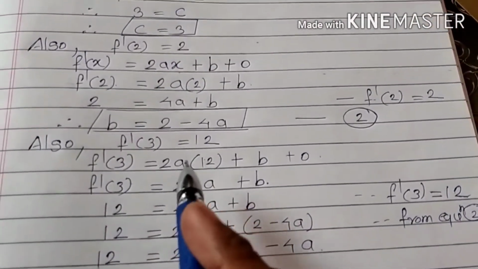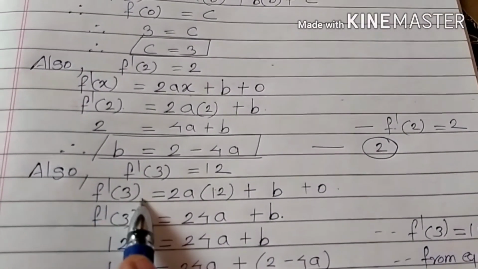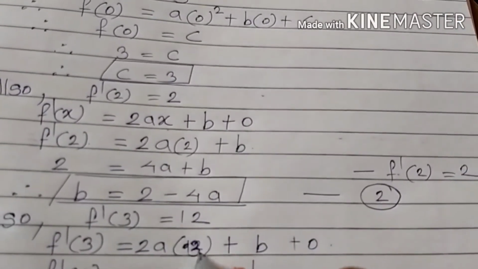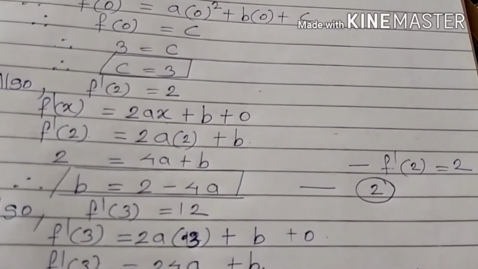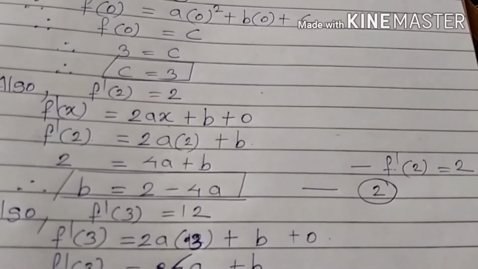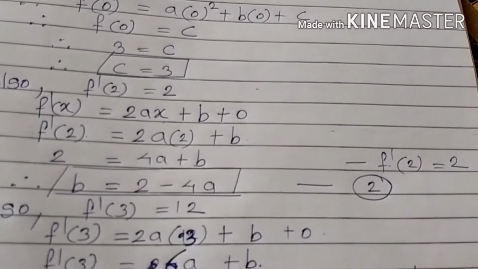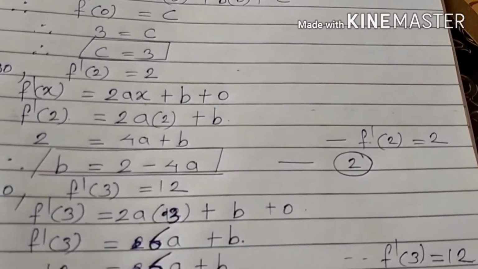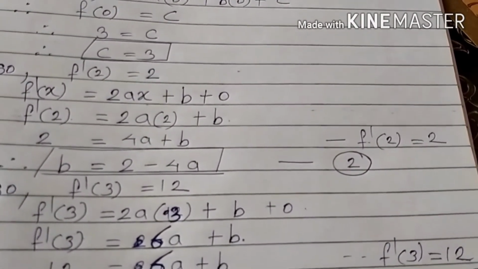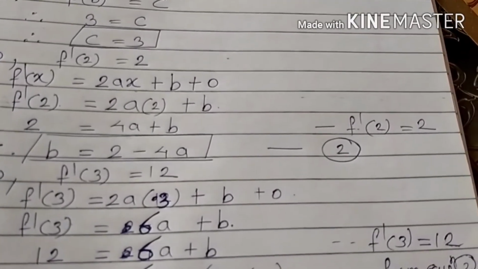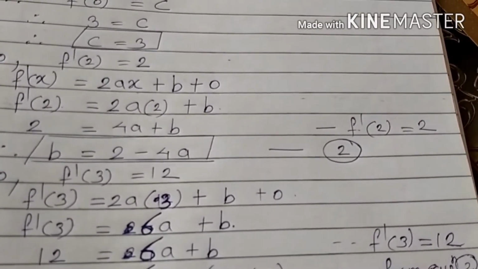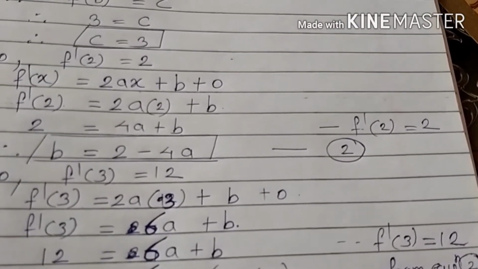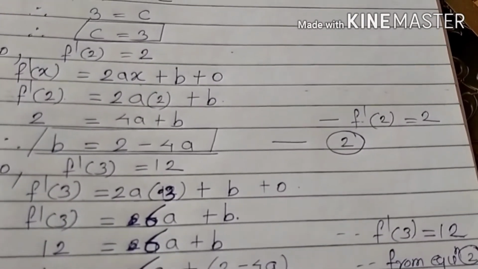Sorry, here is one mistake. Here f dash of 3, so we have to put 3 for x; I was putting 12. So it is 6a plus b, 12 is equal to 6a plus 2 minus 4a, so here we get 10 and here 2a.